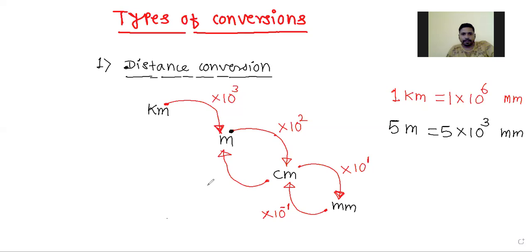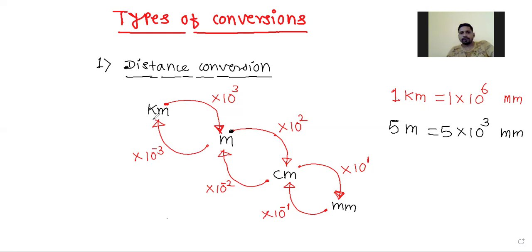So it is multiplied by 10 raised to minus 2. And last one, meter to kilometer, it would be written as multiply by 10 raised to power minus 3. Now, just take some examples. We will convert it from smaller to larger part.